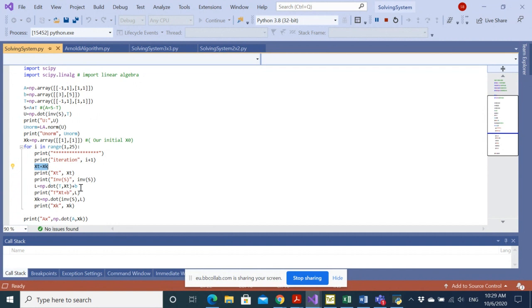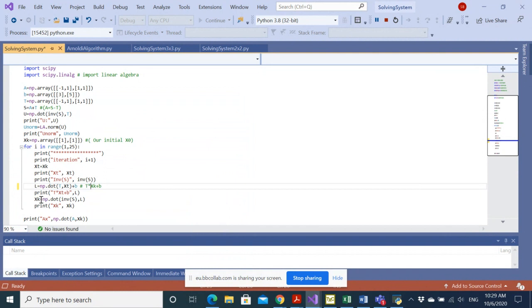Now I compute a new matrix, which I call, as you see, T xt plus b. Initially, when I enter with x0, this is T x0 plus b, that is T xk plus b, right? Yes. Okay, I get it. So I'm just casting this whole expression, T times xk plus b, and I refer to it as L, okay?